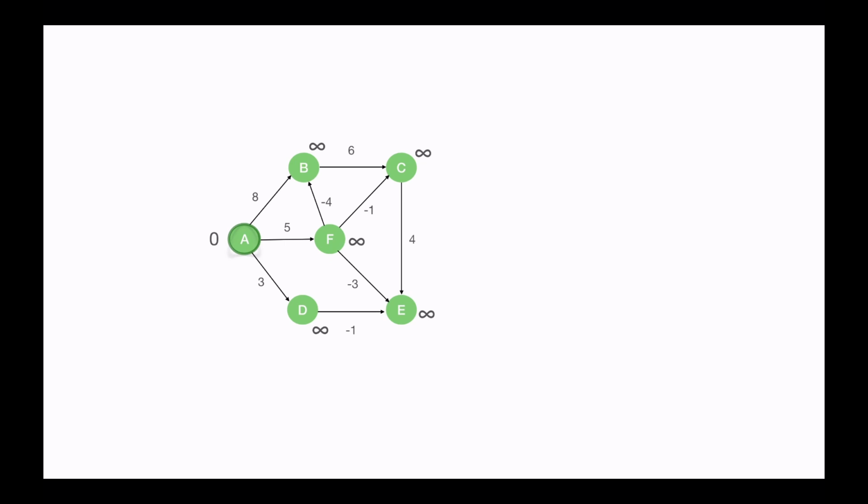And how are we going to do this? We pick two connected vertices, let's say u and v, with u having distance du and v having distance dv, and the cost to reach from u to v is cost uv.